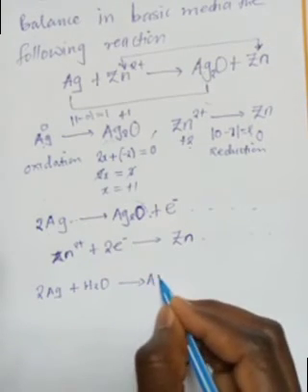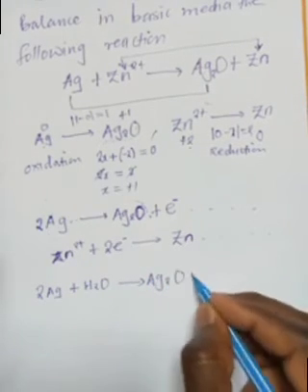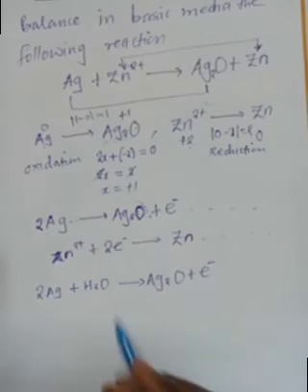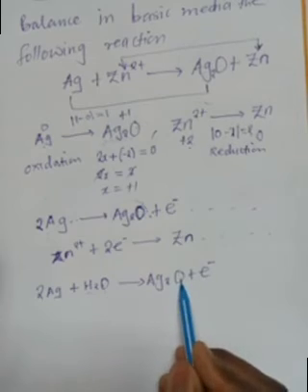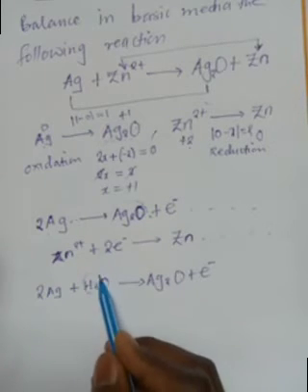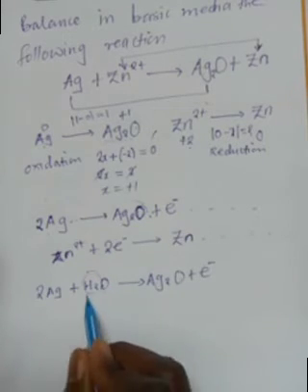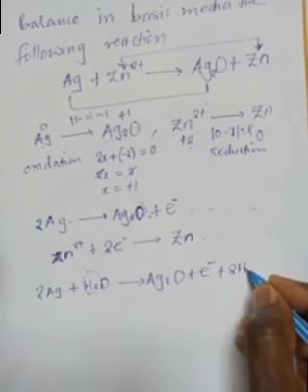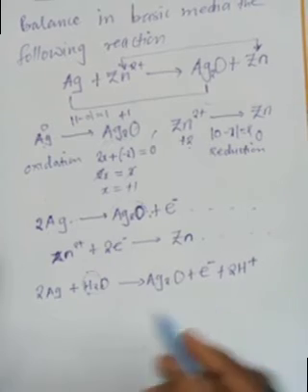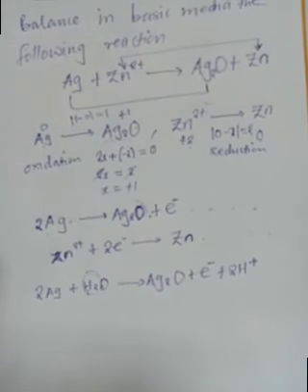So since we've added water molecule, oxygen is balanced. Since we've introduced water molecule, we also have this disturbance, meaning that on my right hand side, I must add 2 hydrogen ions to balance up with that one, meaning that everything now is going to be well balanced.